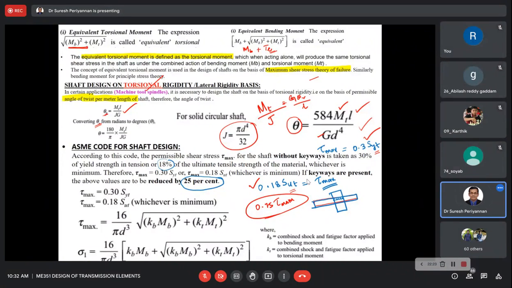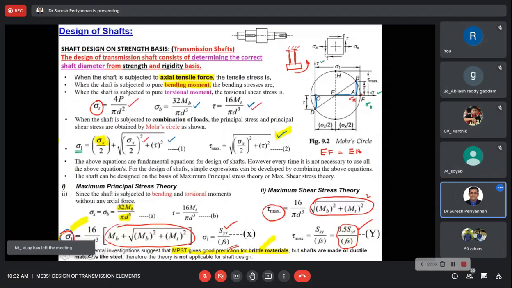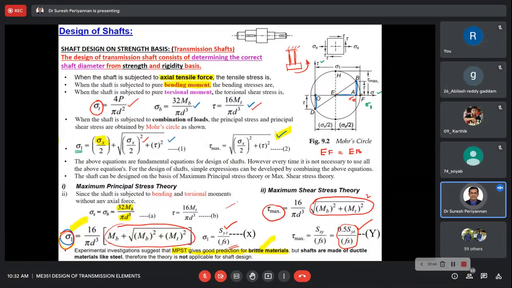Now, according to the ASME code, the bending and torsional moments are multiplied by factors. See, whatever we consider as bending here, when we defined bending moment, you might have studied bending theory.